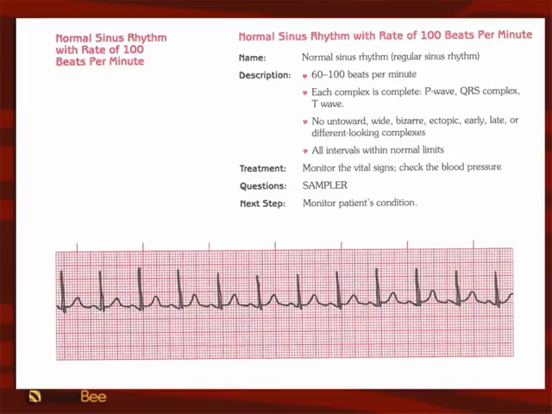At the beginning of it, to the far left as you're looking at the screen, you can see that there is a complex there, but you wouldn't count that complex within your 6 seconds. You'll also notice that at the far other end of the strip, that is not part of the 6 seconds.